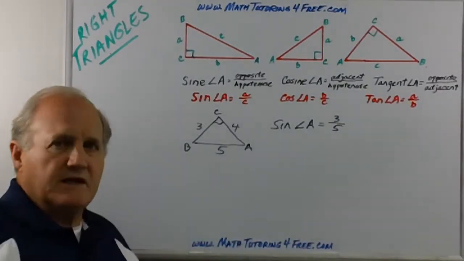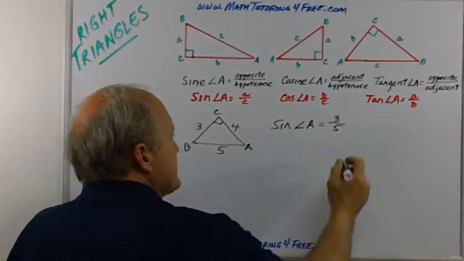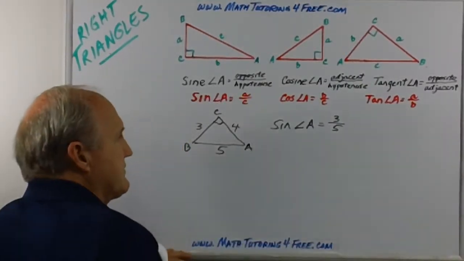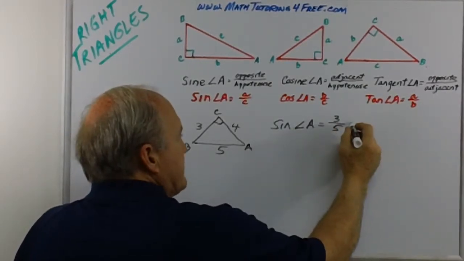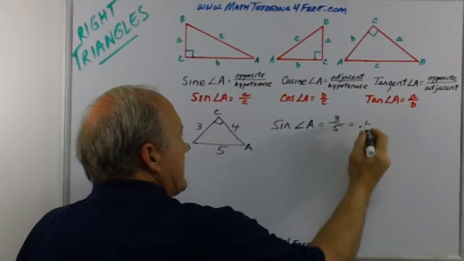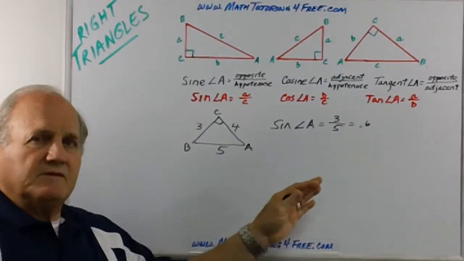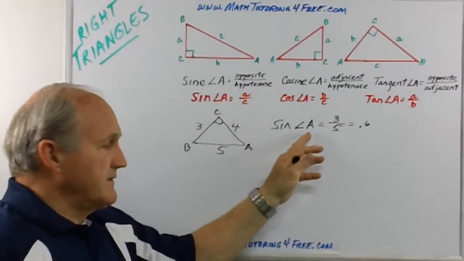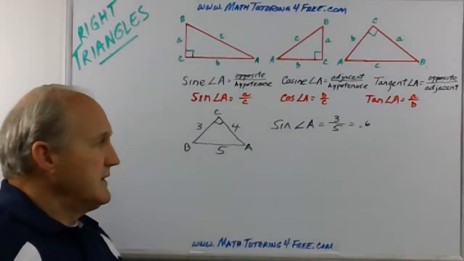Now the question is, how do we find that angle? In this case, we convert it to a decimal. 3 over 5 is equal to 6 over 10, which is 0.6. I won't tell you now, but we'll get into how we take our calculator and convert that to find the degrees in angle A.